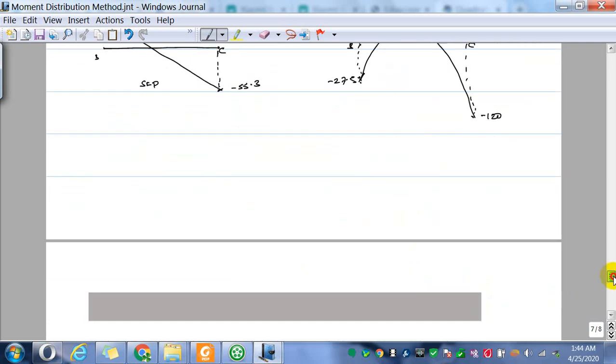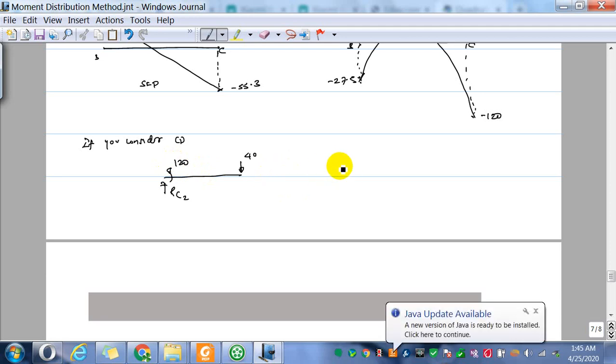Similarly, if you take CD, the CD component has RC2, then a moment, the force 40, and a moment 120. This is simple. If you balance vertically, you get RC2 is 40.